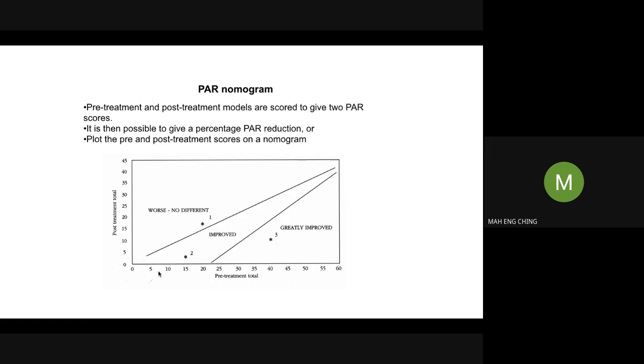But let's say I have a patient with 5 to start with, then later end up with 5, no change. Then the patient is going to be in the worse or no different category. So if you have a low PAR score to start with, then it's very difficult to make the patient go to the greatly improved group. But if the patient has a high PAR score to start with, then there's a very great chance they will fall into the greatly improved category. I hope you get this. Very simple chart.